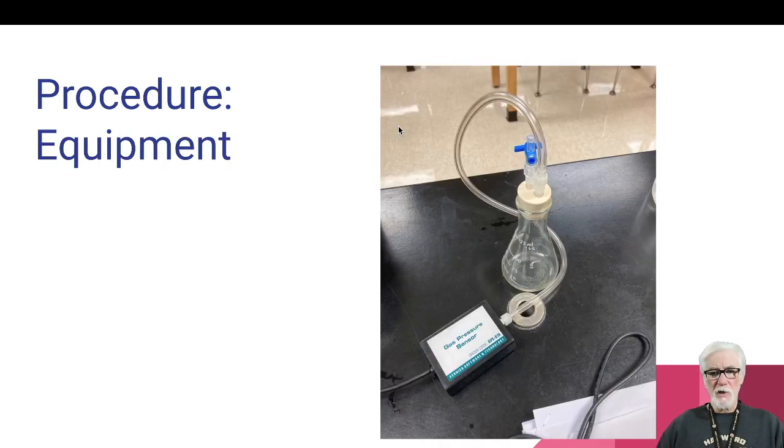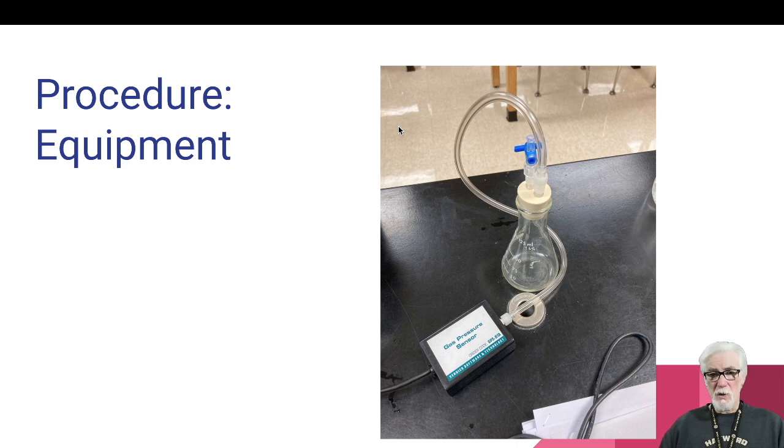We'll use a gas pressure sensor to measure the pressure of our gas, which will just be air. It'll be contained in a glass flask. The reason we'll use a glass flask is because its volume cannot change. The glass flask will be fitted with a rubber stopper that has two holes in it.